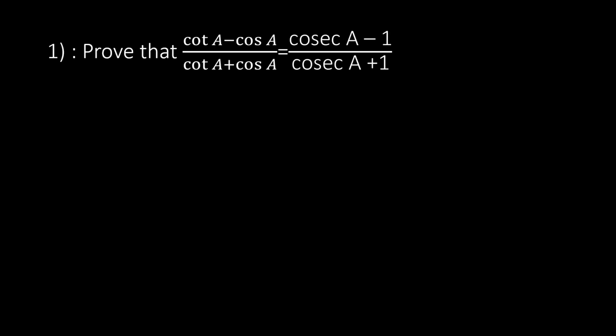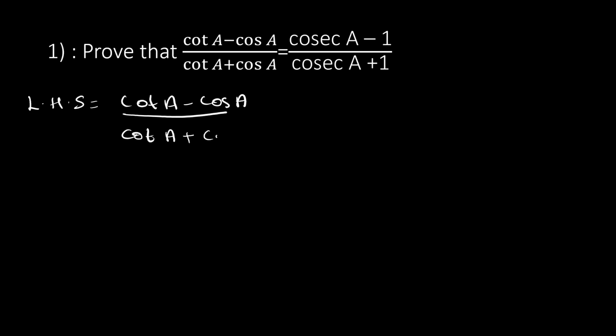Prove that (cot A minus cos A) divided by (cot A plus cos A) equal to (cosec A minus 1) divided by (cosec A plus 1). First let's take the LHS: cot A minus cos A divided by cot A plus cos A. We have already discussed that tan A is equal to sin A by cos A. So what will be cot A?